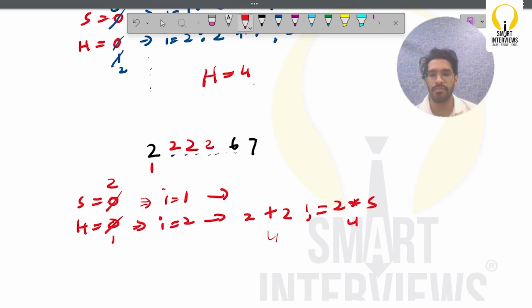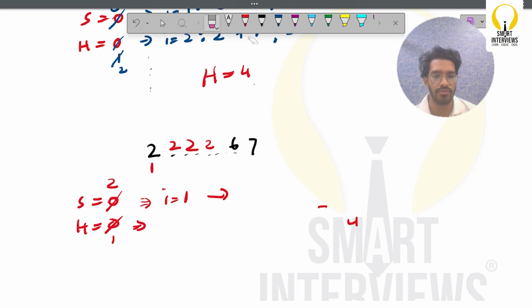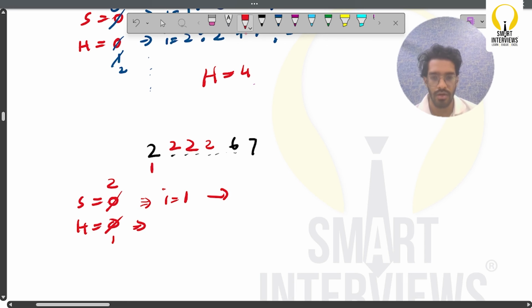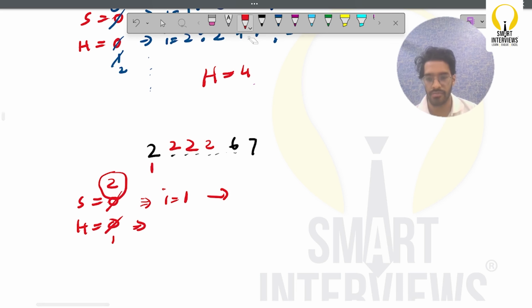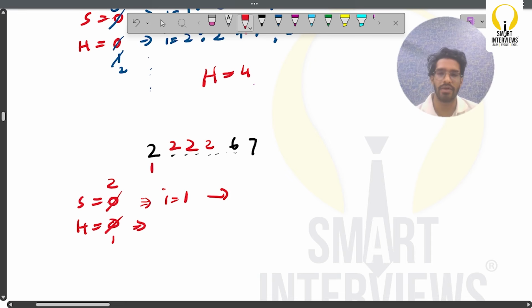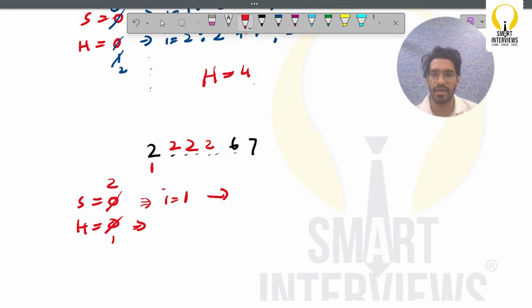So what can be the best ordering that we can do? Let's assume we want to add a certain value to the previous sum such that doubling it will never match.